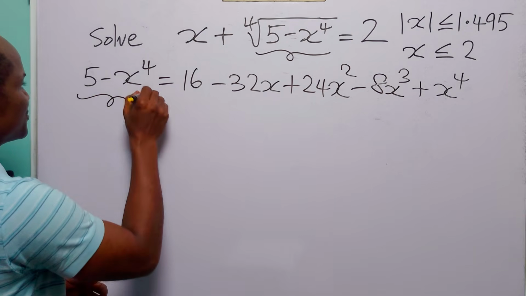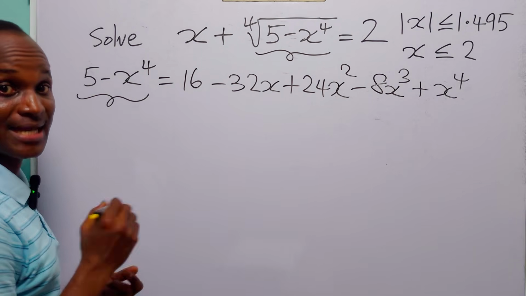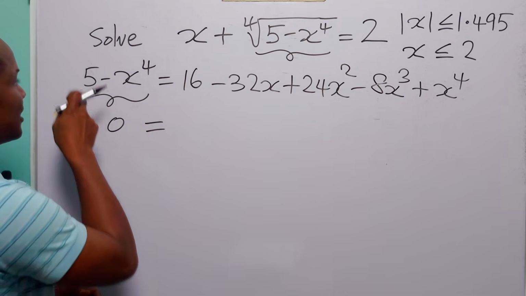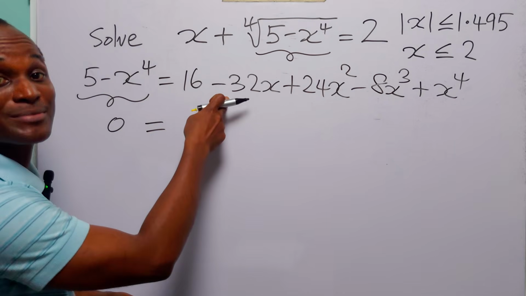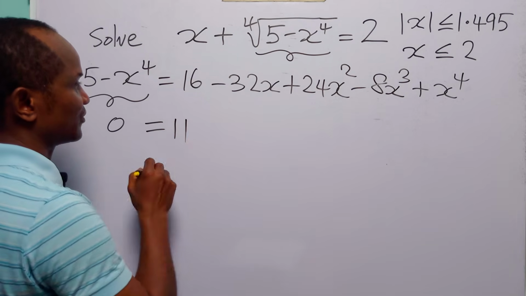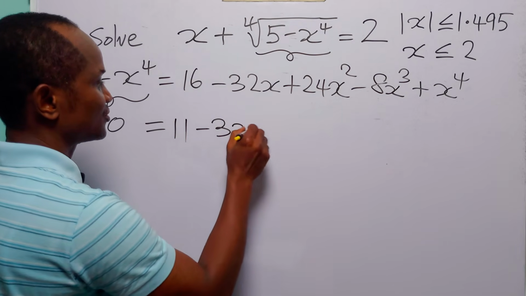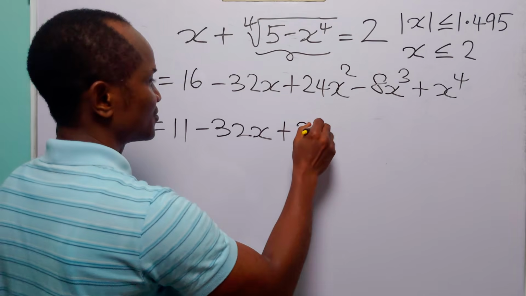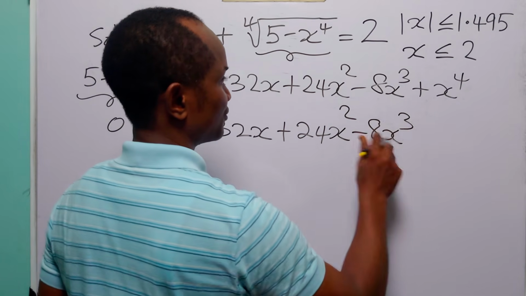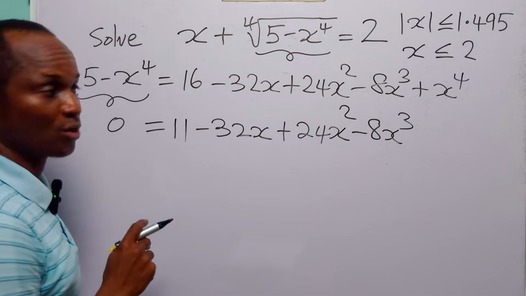Now let us move these two terms over to the right hand side. When we do that, we have 0 on the left hand side. Now 16. 5 going over becomes minus 5. 16 minus 5 is 11 minus 32x plus 24x squared minus 8x cubed. Then we have x to the power 4.